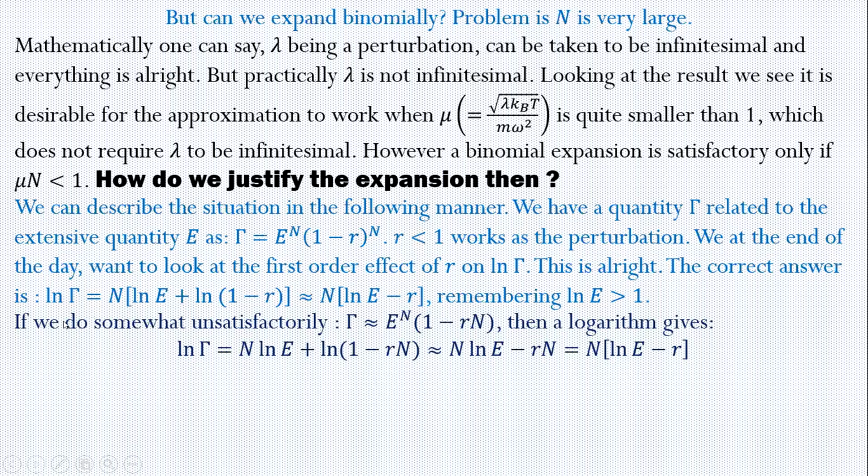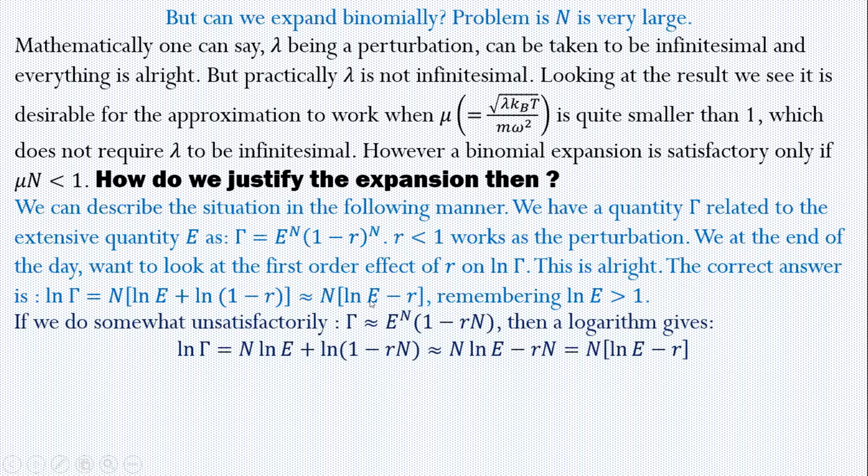But what we have done, which is a little unsatisfactory, is we have expanded this in a binomial expansion, as if this seeks that rn is less than 1. For the moment, keep it there. If we do this binomial expansion and take a log, and if we approximate log 1 plus x to be x, then we shall get exactly the same answer.